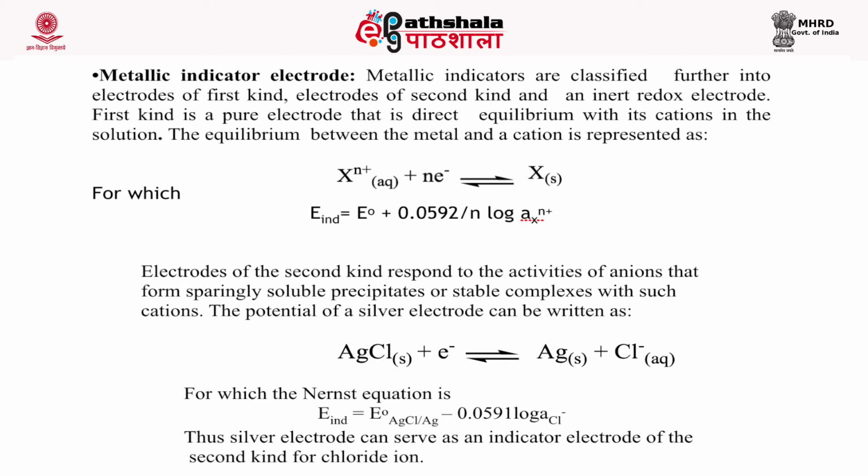Thus, silver chloride can serve as an indicator electrode of the second kind for the chloride ion. Note that the sign of the logarithmic term for an electrode of this kind is opposite to that for an electrode of the first kind.